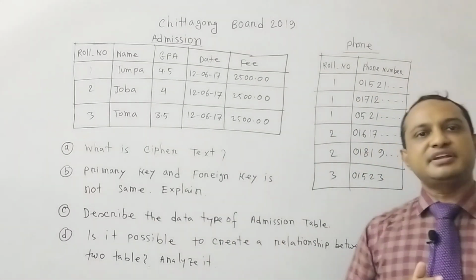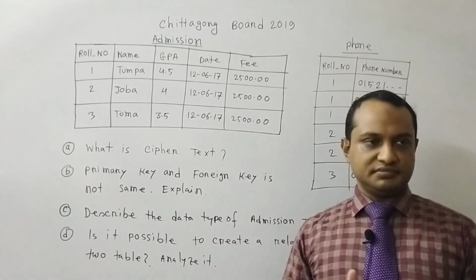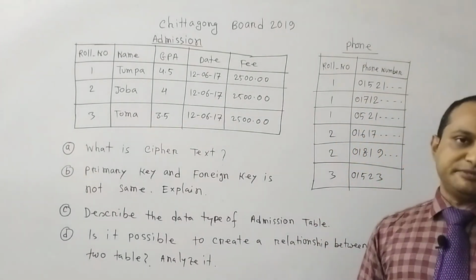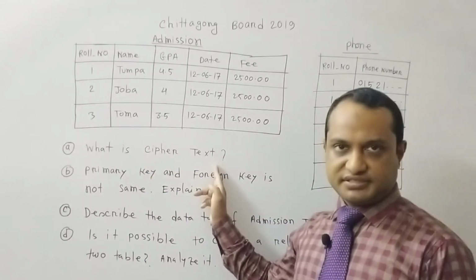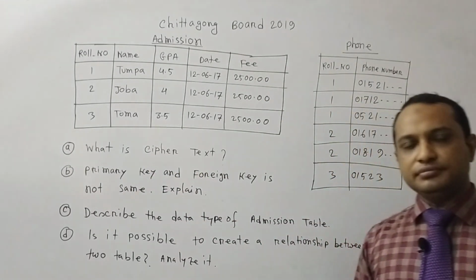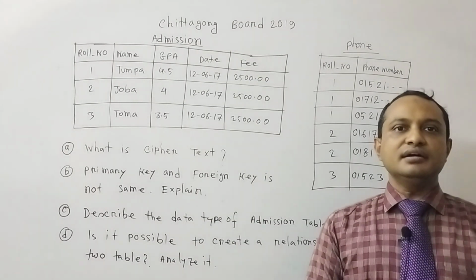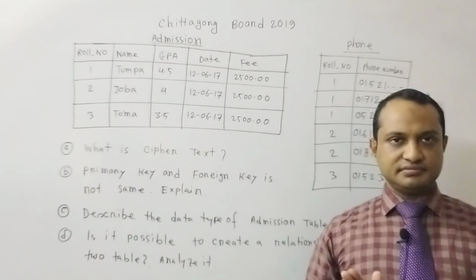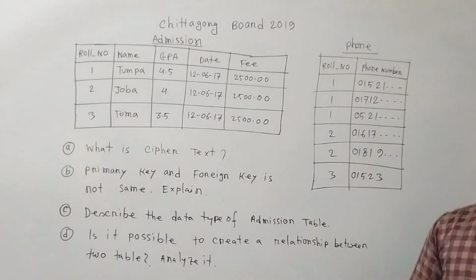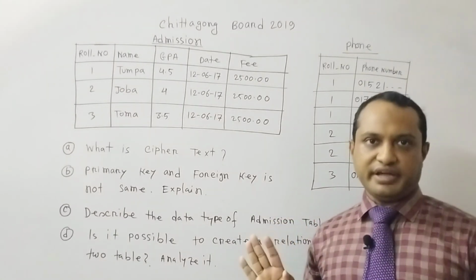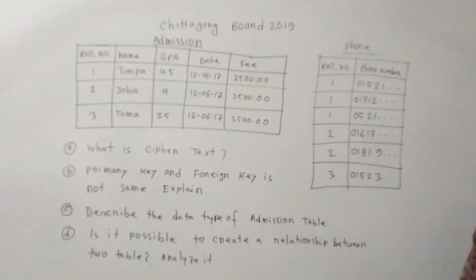This is called encrypted data, and encrypted data is known as ciphertext. So you can write the definition: encrypted data is called ciphertext. Please write down in your copy, encrypted data is called ciphertext. You have to write just this definition and you will get 1 mark.